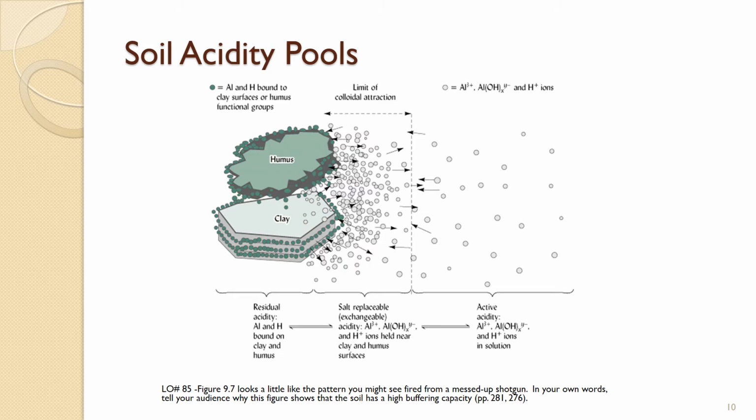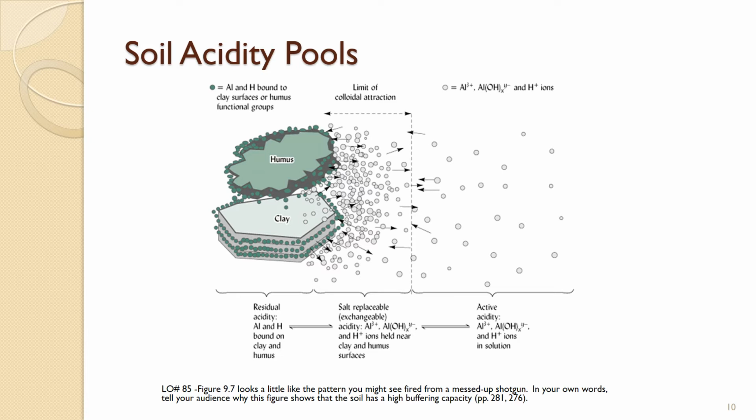They are exchangeable. It's like having money in your checking account, okay? You can spend it, but you do have to somehow access it first. And then your residual acidity is bound to clay and humus, and it's like your savings account. Not that any of us have a savings account, but let's all pretend that we do.